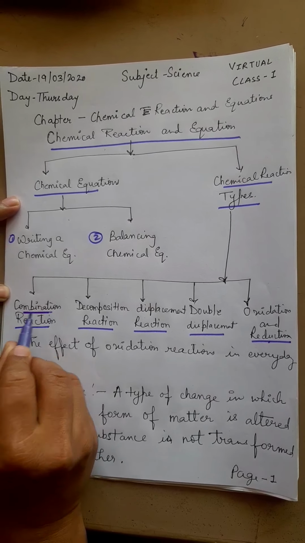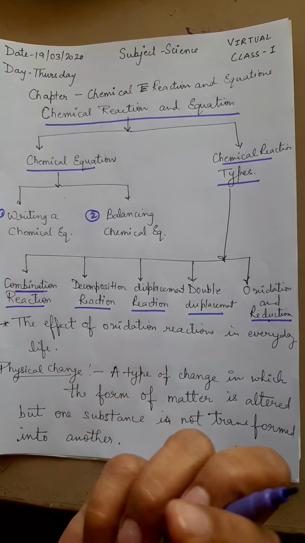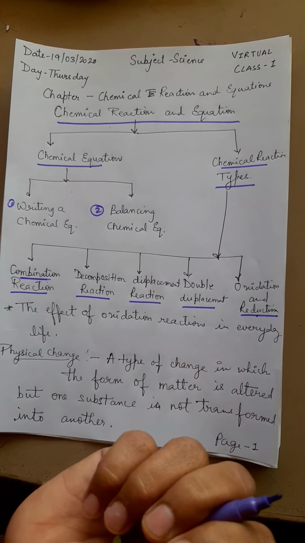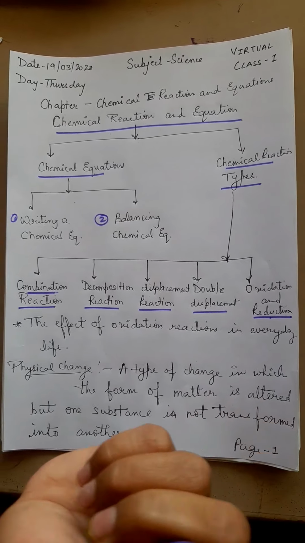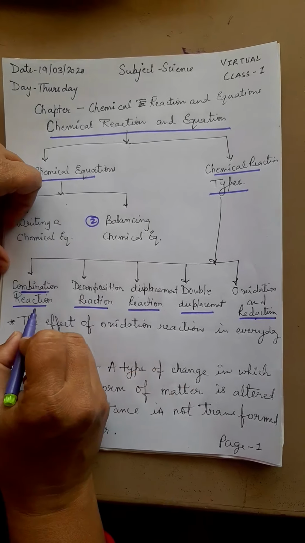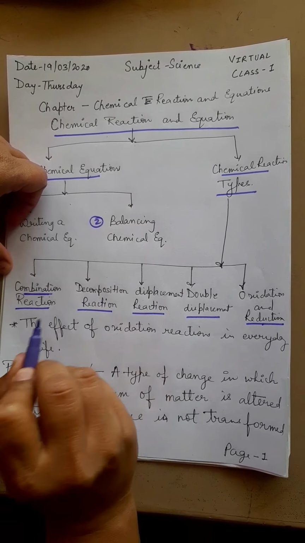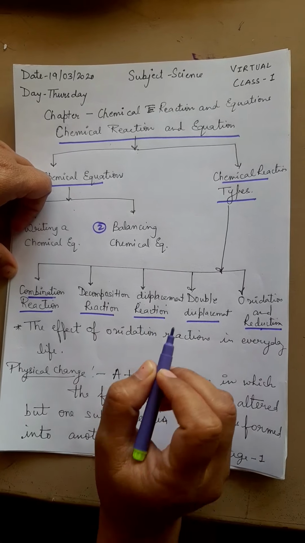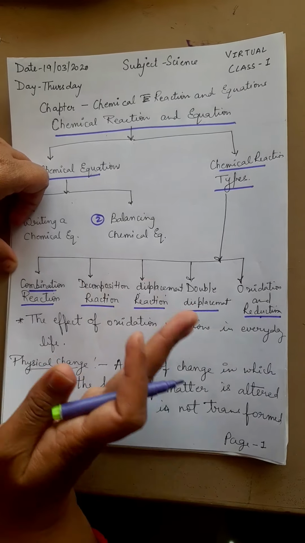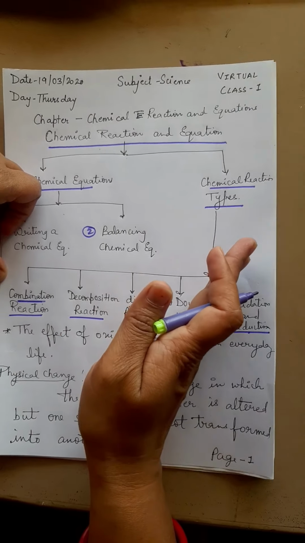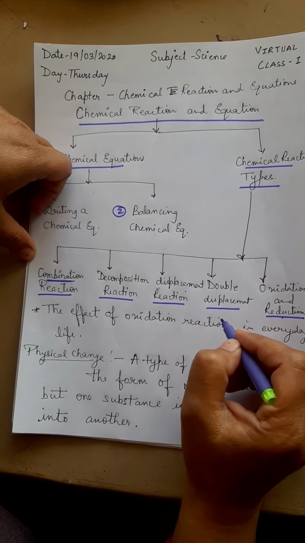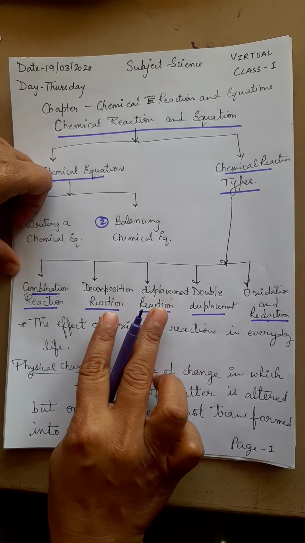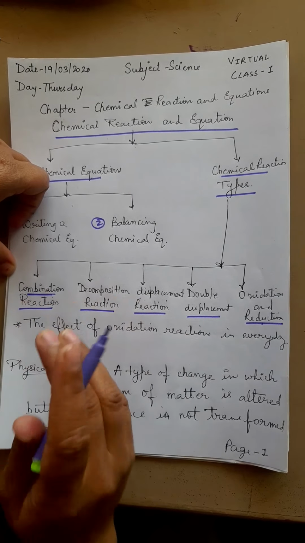What is the meaning of combination? It means two different substances or elements come together and make one new substance. Decomposition, they will divide into parts. Displacement means one element will displace another element, and in double displacement, they will exchange their places alternately.